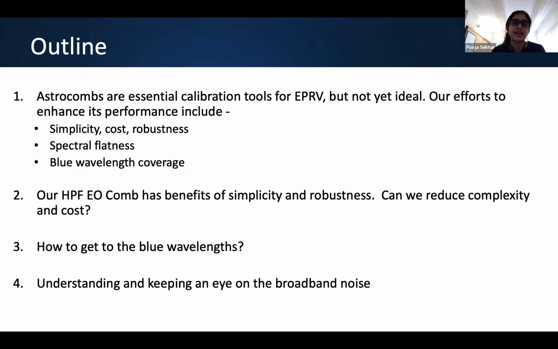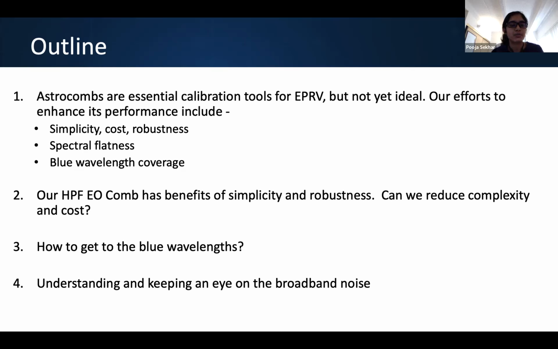Our group's efforts to enhance its performance include developing an astrocomb that is simpler, more robust, and cost-effective, achieving a better flatness for the spectral response of the laser frequency comb in the wavelength range of interest, and also extending the wavelength coverage of our astrocombs to the blue, that is, less than 500 nanometers in wavelength.